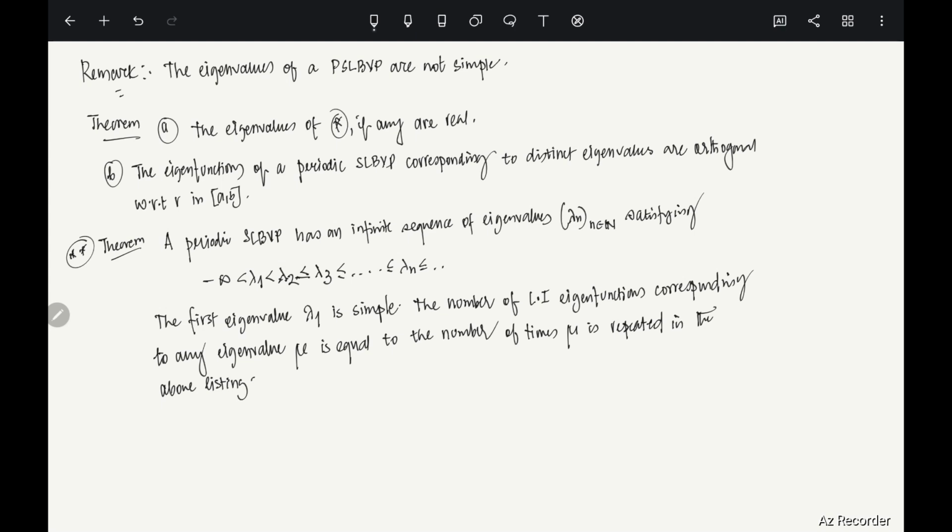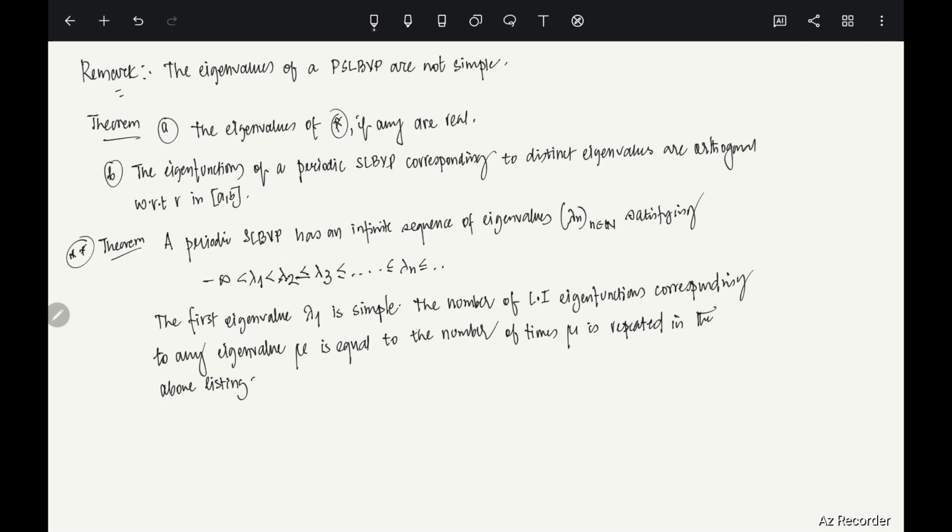What you can say is that there is a lambda 1 greater than minus infinity, strictly less than lambda 2. That we know. But after lambda 2, it can be all the same: lambda 2, lambda 2, lambda 2. They may recur, so lambda 2 can occur twice, thrice, 5 times. That can happen.